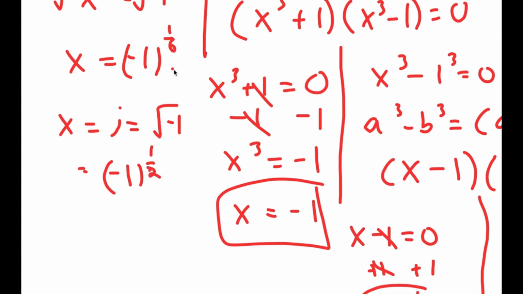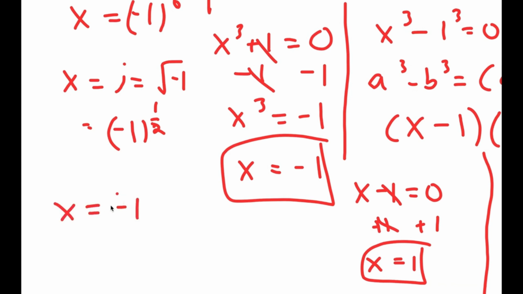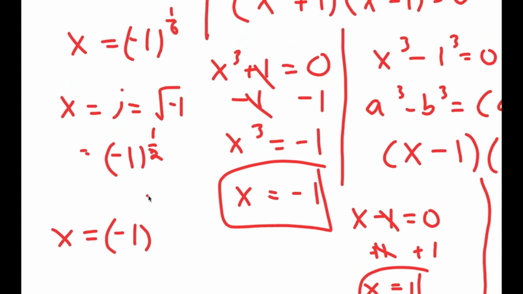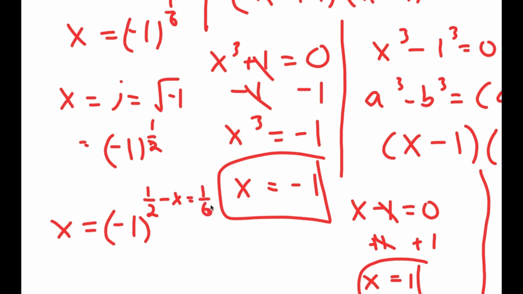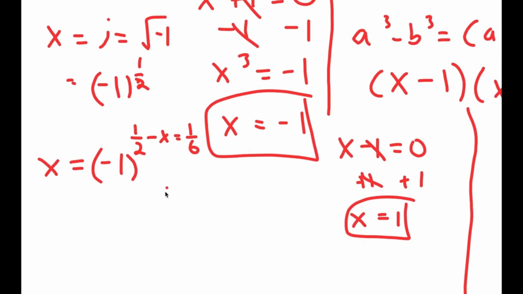So -1 to the power of 1 over 6 is the same thing as -1 to the power of 1/2 minus something. So now 1/2 minus 1 over 6 is equal to 1 over 3. So 1 over 6 plus 1 over 3 is equal to 1/2.